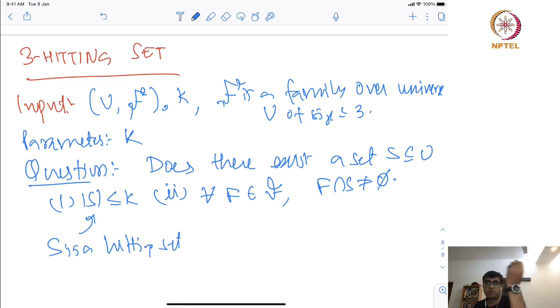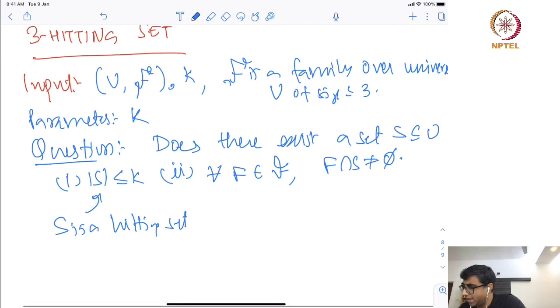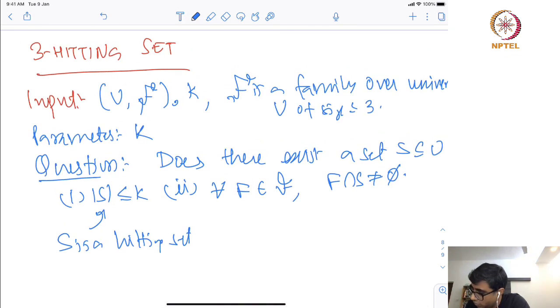So you are given a universe and a family, where each set is of size 3 or less, no more than that.